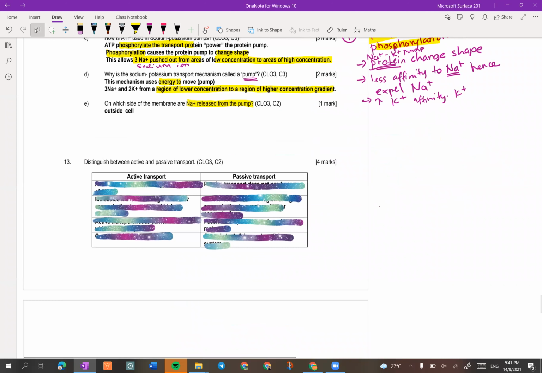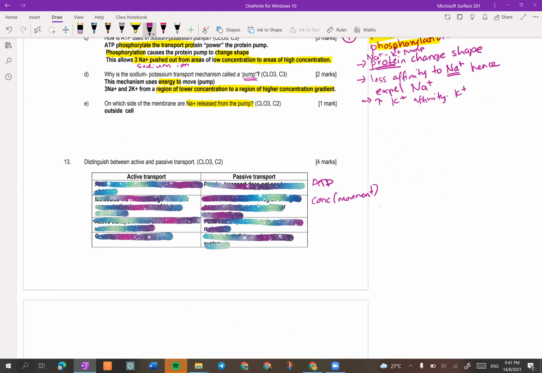And the very last bit, distinguish between active and passive transport. Ni senang je. Untuk active transport, dia perlukan ATP. Okay, dari segi ATP, awak boleh cerita daripada segi dia punya concentration gradient. Okay, daripada arah mana kepada arah mana. Movement lah senang.